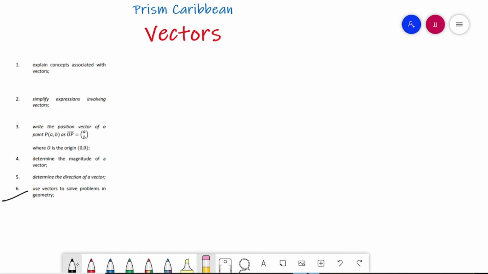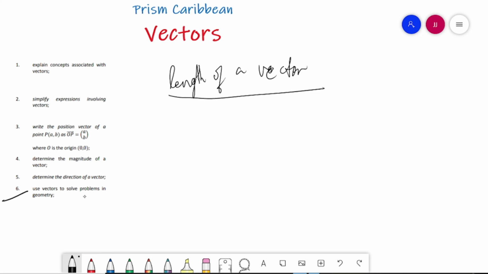Right. So now with regards to length of a vector. Now I don't see that topic in particular over here with regards to the syllabus objectives, right? But I will still teach you all it because I did see it, however, in a past paper.